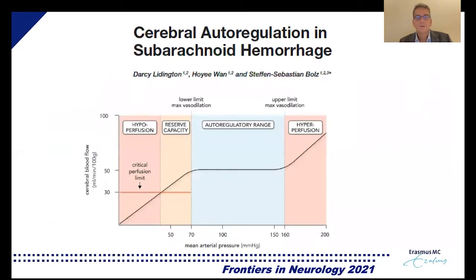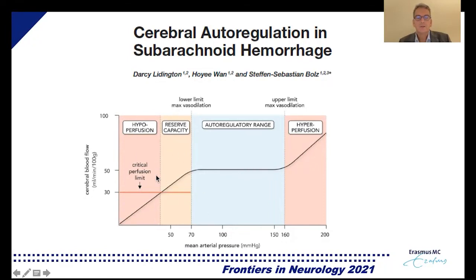As you know, in a normal physiological state, there is an autoregulation curve, meaning that within a mean arterial pressure between 70 and 160, there is a stable cerebral blood flow because the arteries of the brain can adapt; they can dilate and constrict depending on a higher or lower blood pressure.